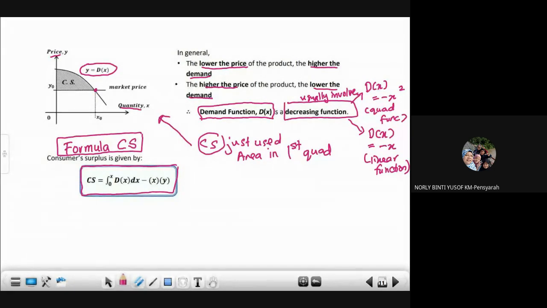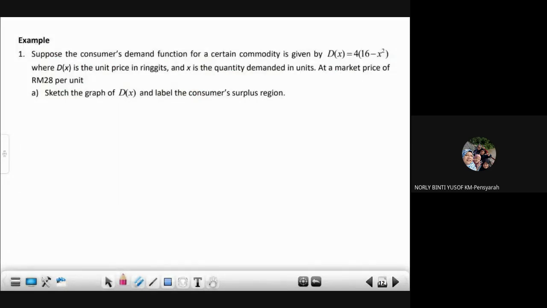Okay, usually involve. So pergi pada example. Okay, suppose the consumer demand function for certain community is given by the demand function, inilah. Tengok pun ni adalah kuadratik kan. Where DS is unit price in ringgit and X is the quantity demanded in units. At a market price of 28 ringgit per unit.